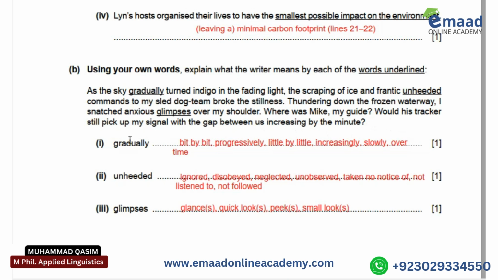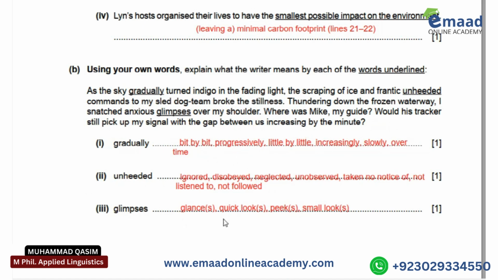So "gradually": you can use any meaning, like bit by bit, progressively, little by little, increasingly, slowly, over time. You can use any meaning that will be correct. "Unheeded," in this context, in this paragraph, can have these meanings: ignored, disobeyed, neglected or unobserved. The frantic, unheeded commands to my sled dog team broke the stillness.